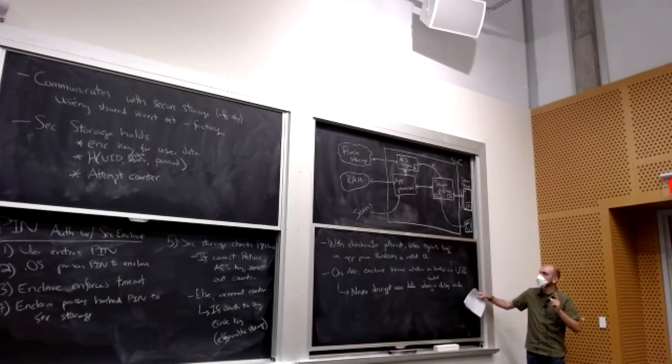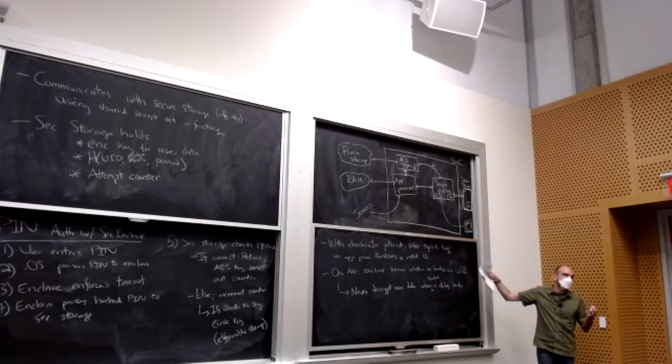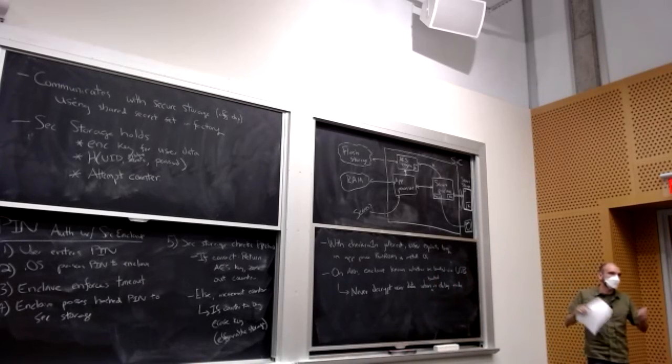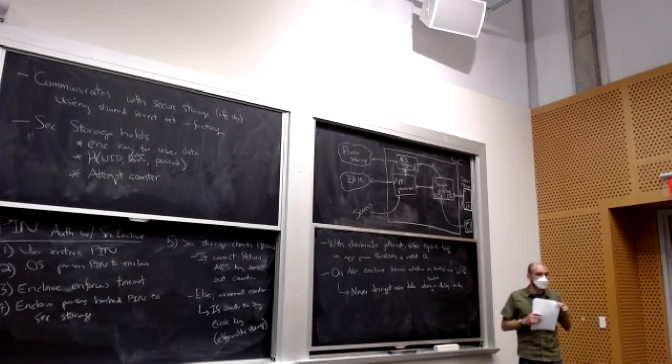So if you boot the phone, the secure enclave knows that you've booted over USB. You try to decrypt some file, and the secure enclave is going to cause the phone to crash. It says the only thing you can do in this mode is load a new operating system and then reboot into it. You shouldn't be looking at users' data.